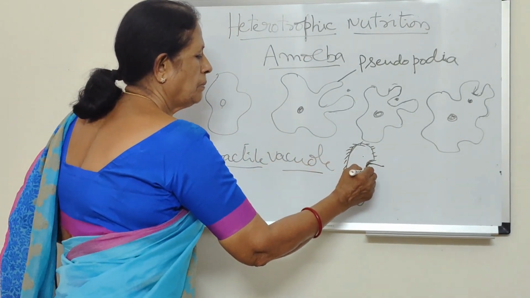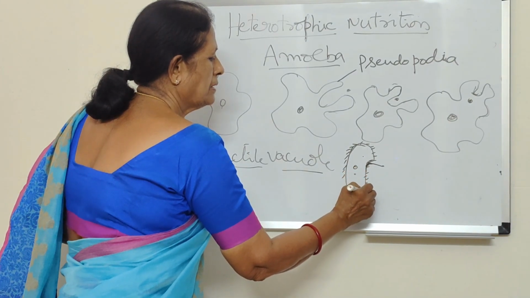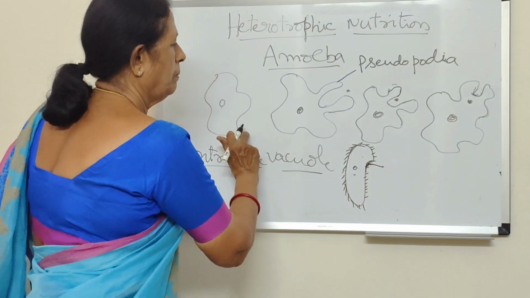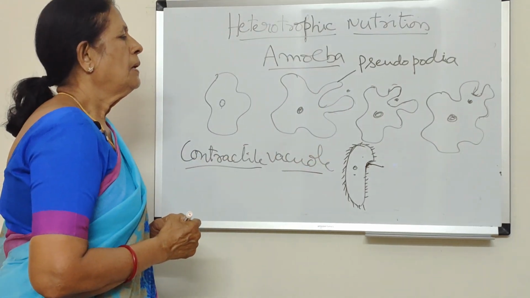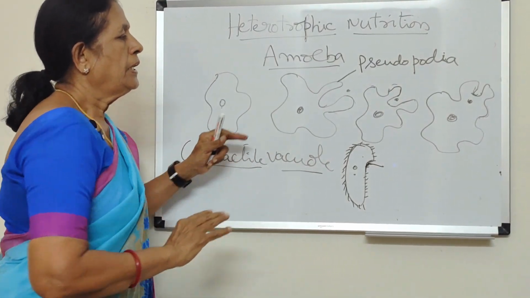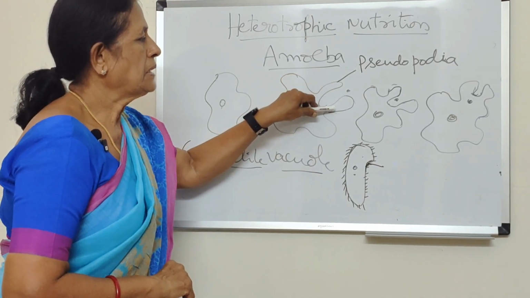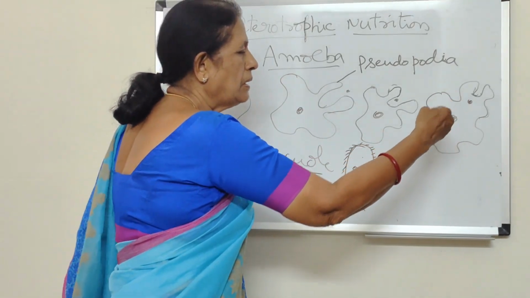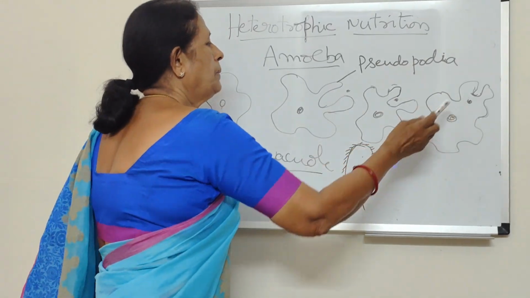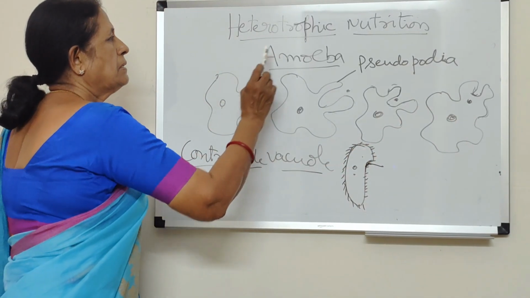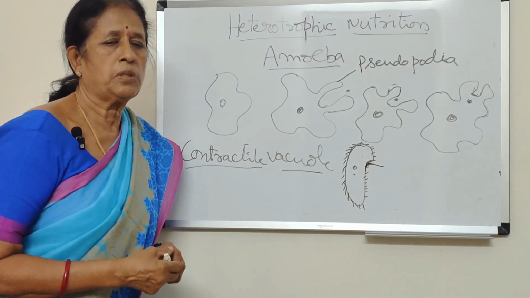That means in paramecium, though it is a unicellular organism, it has a special organ to take in the food material, whereas in the case of amoeba, there is no special organ. It produces projections towards the food, surrounds the food material and engulfs it. Okay, that is a type of heterotrophic nutrition.